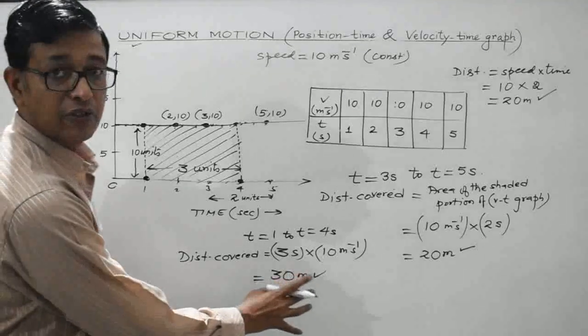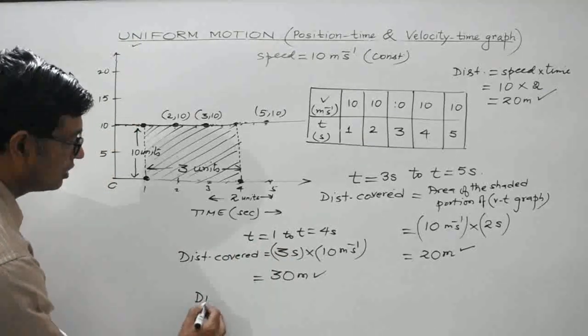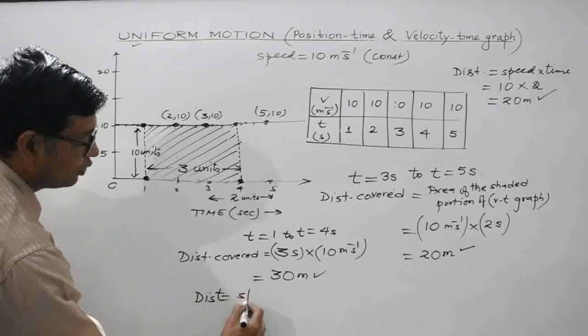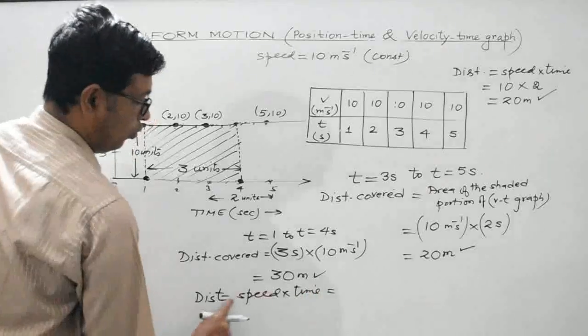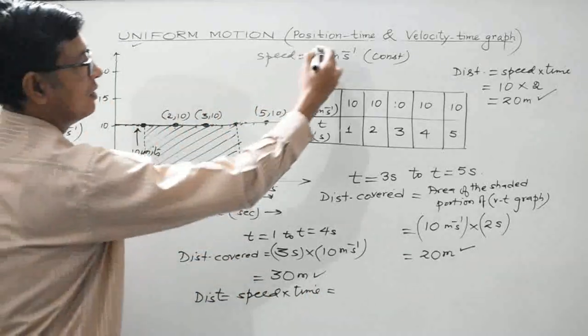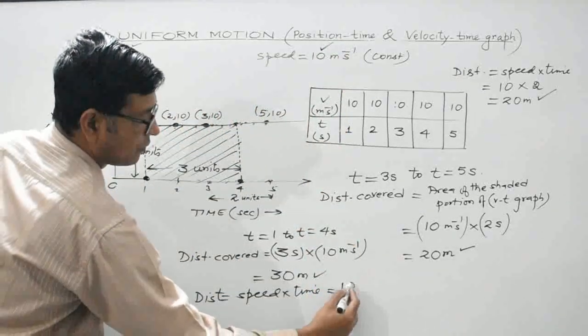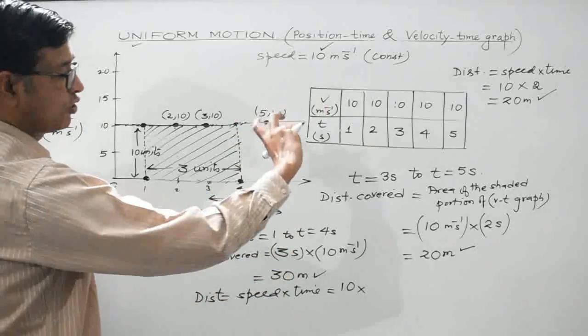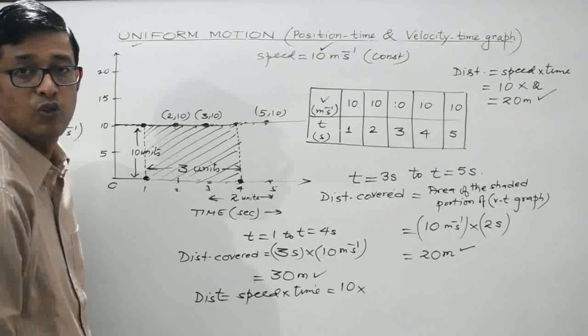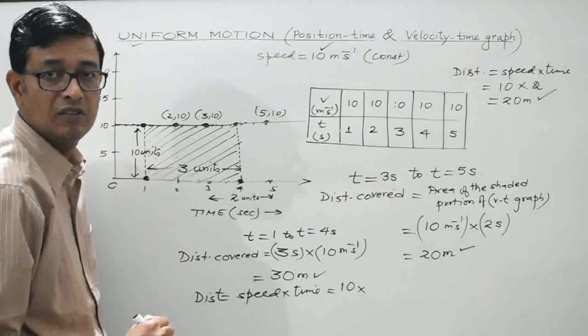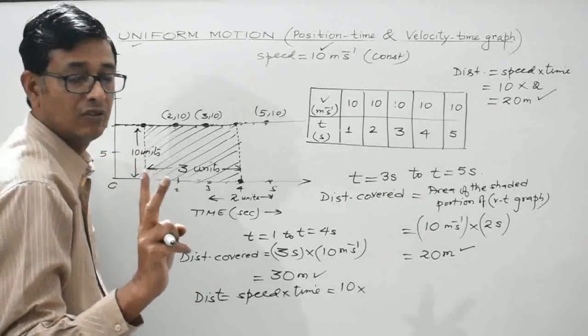Now let's check whether we have done it correctly or not. So distance is equal to speed into time. Let's make use of this formula. What is the speed with which the body is moving? 10 meter per second. What is the duration of time from t equals to 1 to t equals to 4 seconds? It is 3 seconds, right?